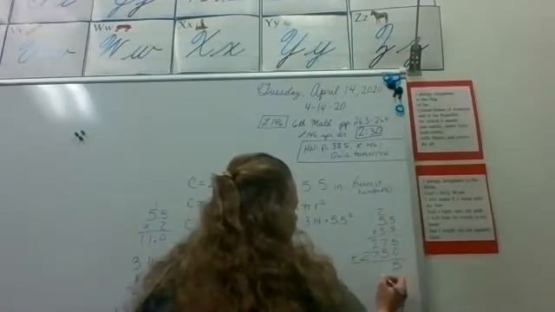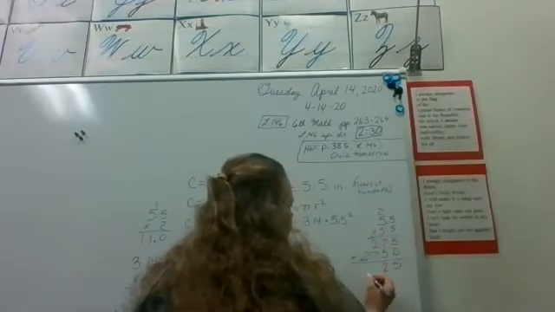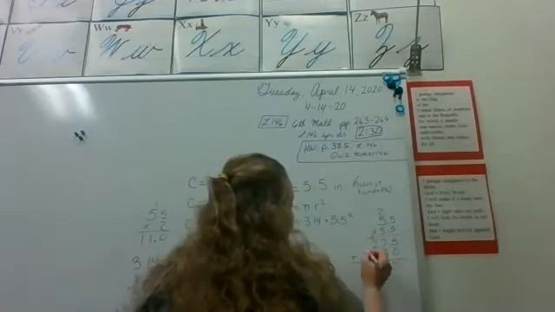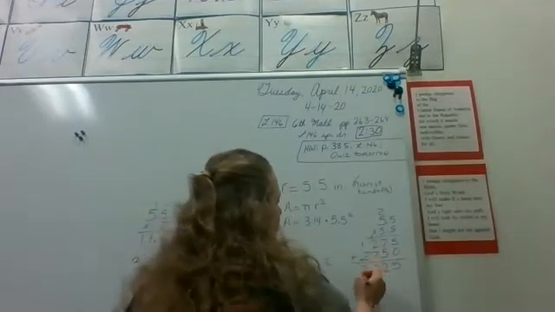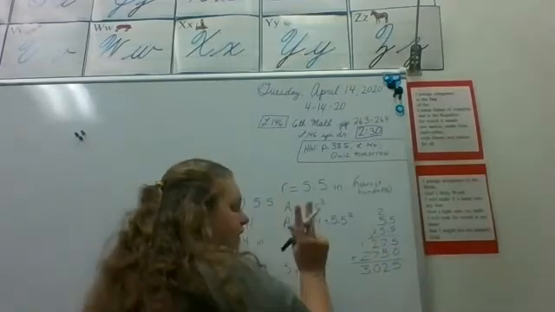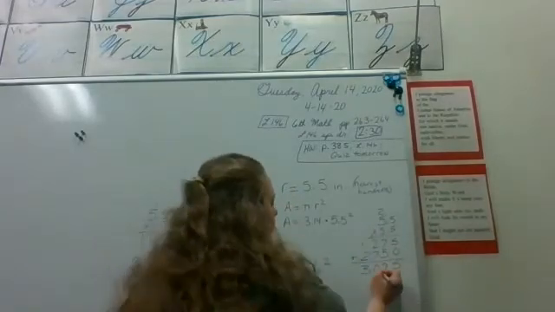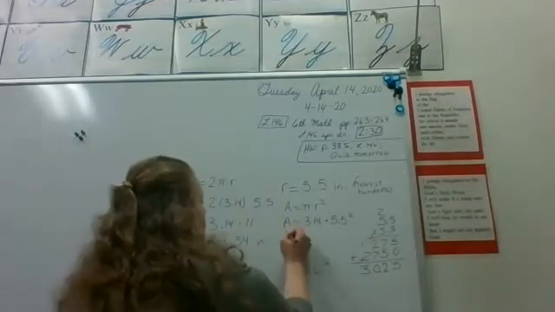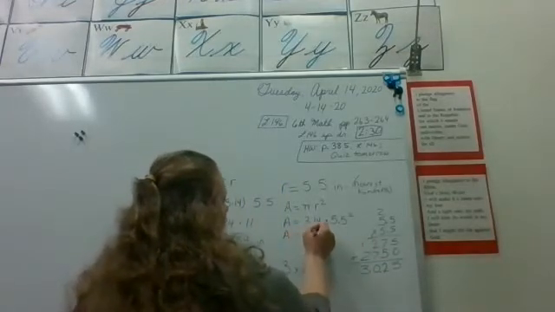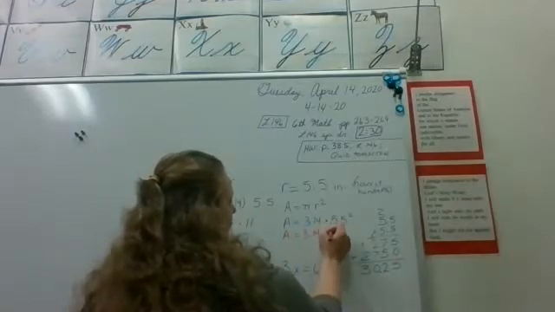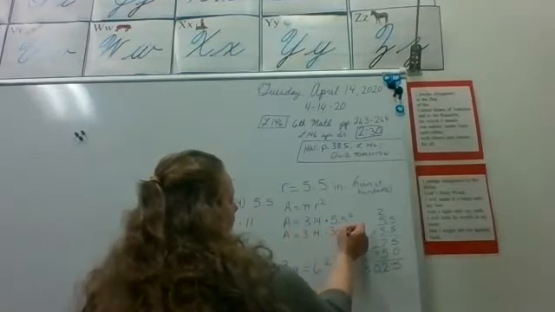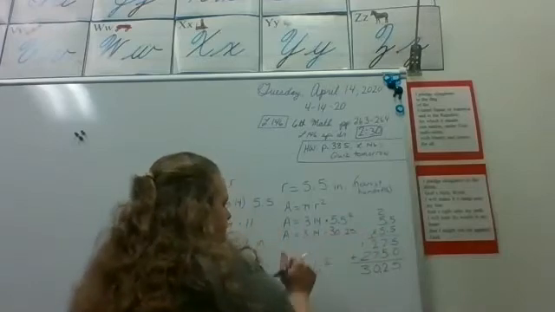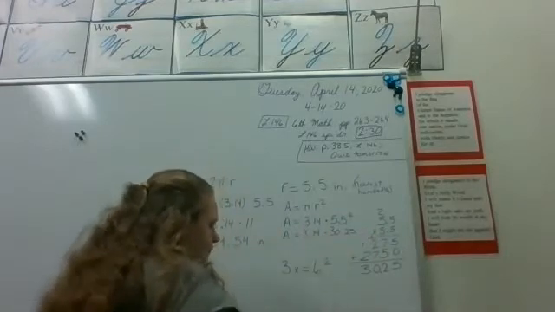Then 5 plus 0 is 5, 7 plus 5 is 12, carry a 1, 1 plus 2 plus 7 would give us 10, and 1 plus 2 is 3, okay? We have 2 decimal places because there's 1 in each of them, so it's 30.25. Now don't get confused, we are not done. We did not multiply by pi yet, right? But we have 30.25 to multiply by 3.14, okay?